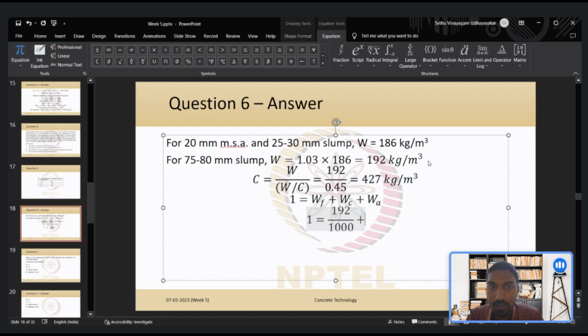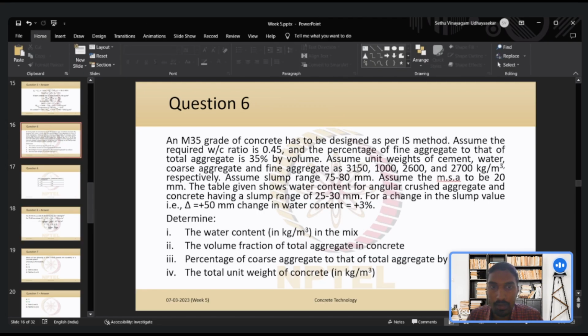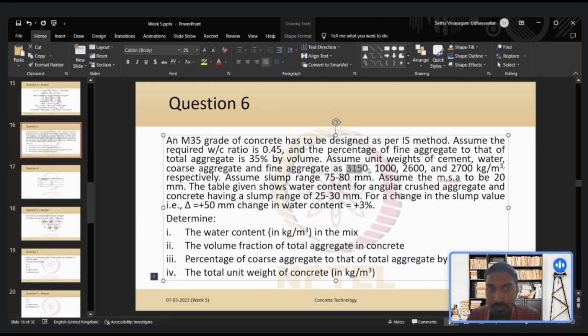So the volume fraction for the cement will be 427 divided by the unit volume, which is 3150. We are given that in the question, 3150 for cement unit weight.